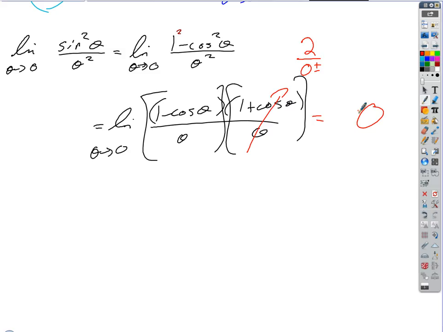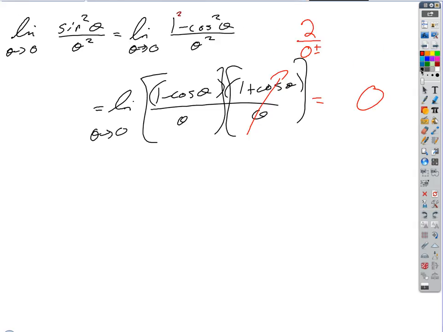Could we have done this a little differently? I think yes. Could we have done it a little differently in 2 minutes? What if we had, instead of squaring both sides, just multiplied by sine theta over sine theta?